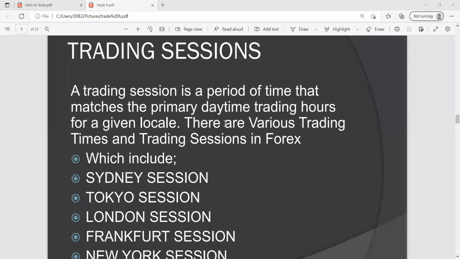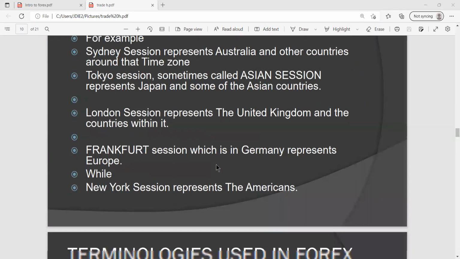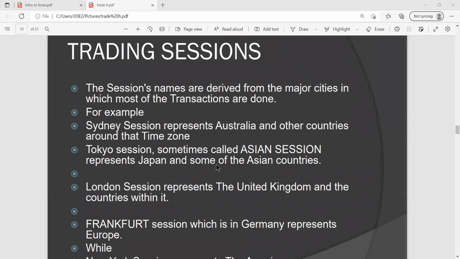You get it? Then around 1 o'clock or 12:30, the people in the US, specifically New York, are awake and ready to start trading. So around 1 in the afternoon, we call that the New York session.